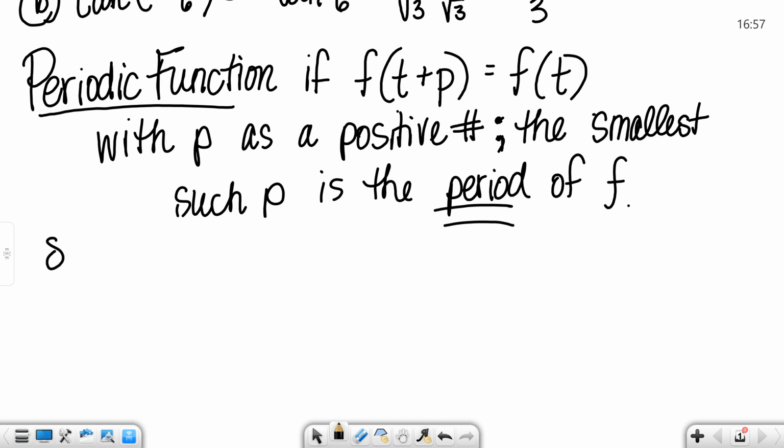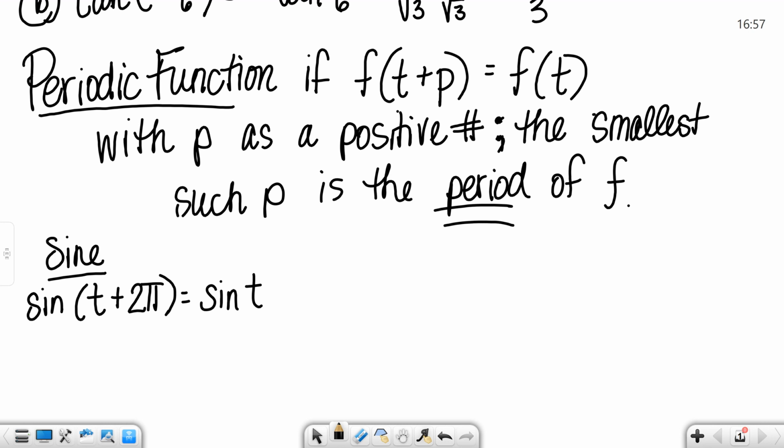Okay, so for sine, we've got some theta. If we add 2 pi, we end up at the same value, like that one value I just showed you. So the period is 2 pi.